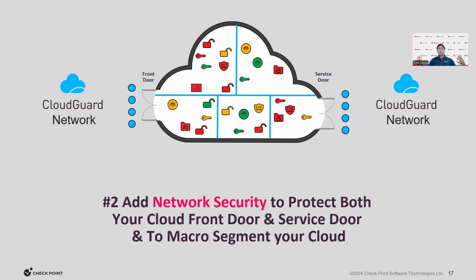Secondly, right, you're going to need to add network security gateways, both to that front door as well as the back door, right? This is about zero trust. We trust nothing. So any of the network entering the service door from a corporate office or the corporate data center or from corporate users accessing it through VPN, it must be filtered, right?